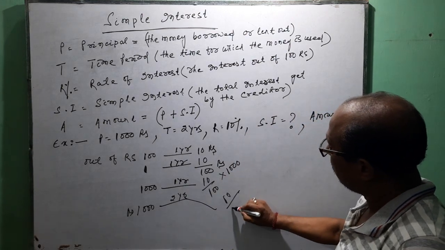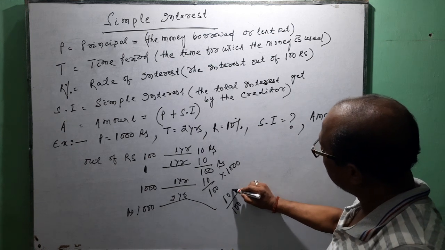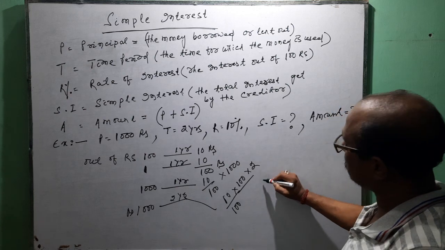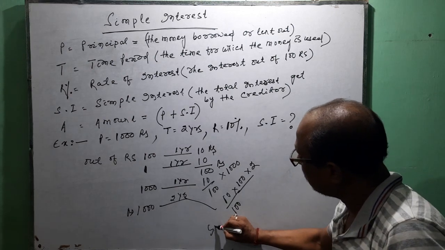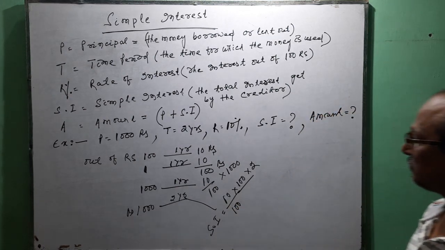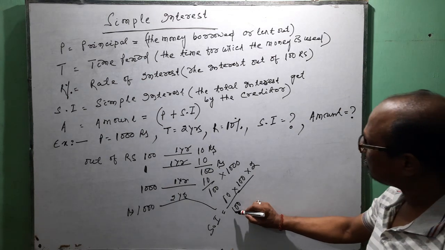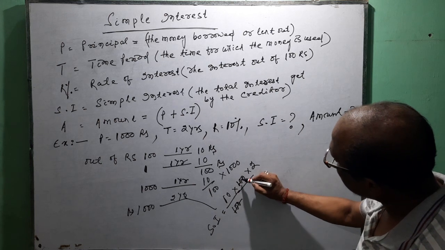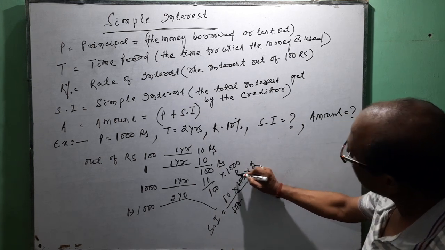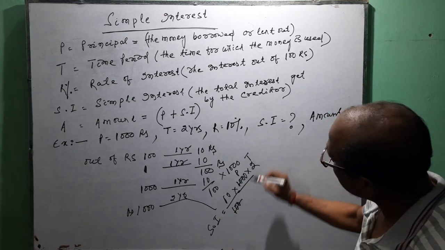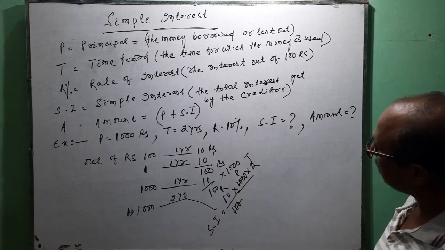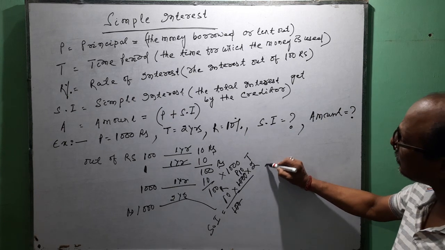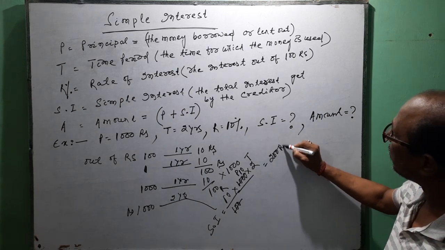10 by 100 into 1000 into time period, 2 years. So this is SI, the total SI he gets. This is P, this is T, this is R. So we got it, SI is equal to 200 rupees.